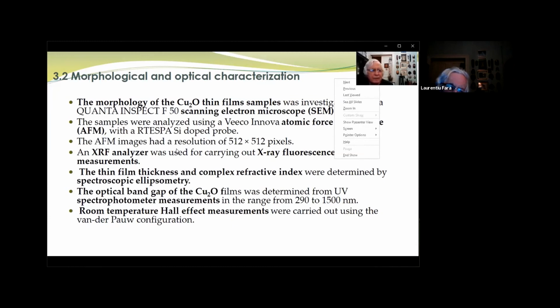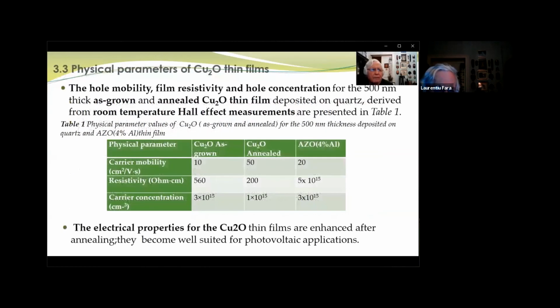These measurements will be useful for the characterization of physical parameters of copper oxide.